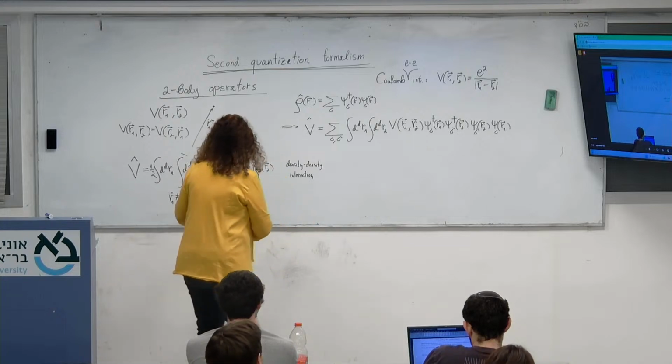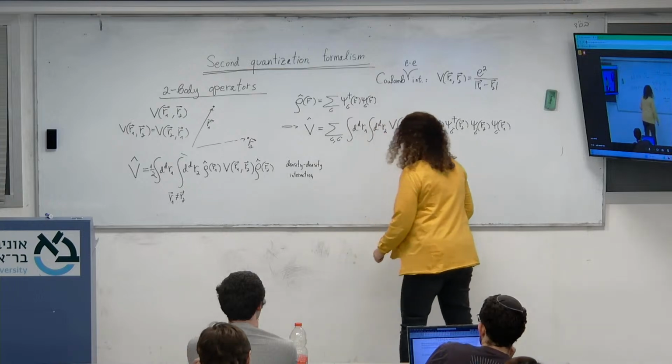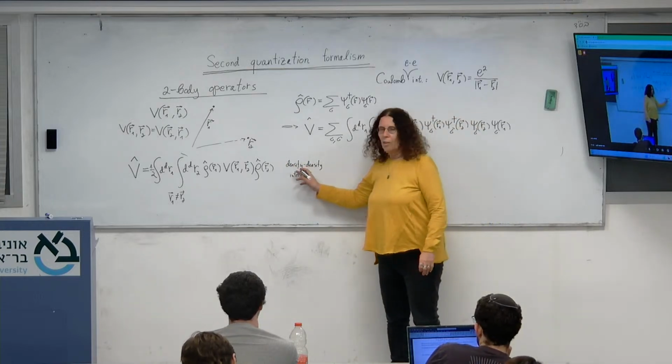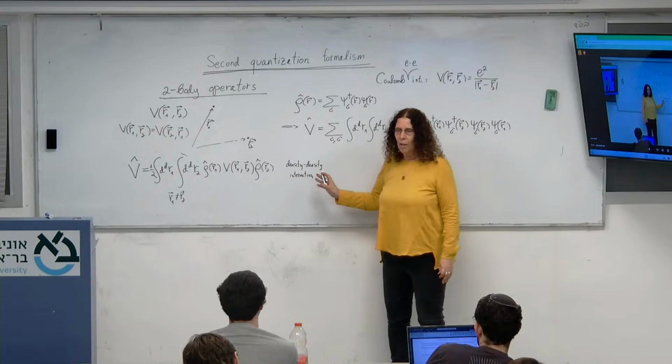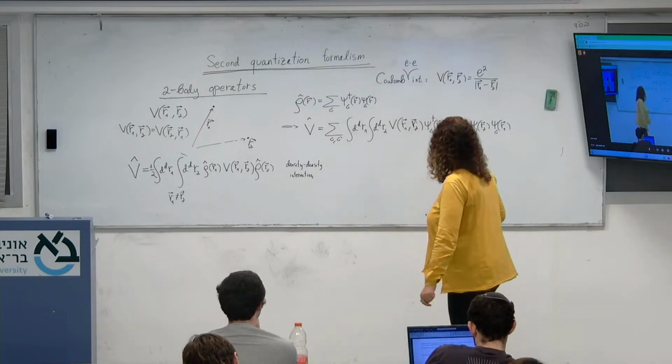So there's no direct equality between this and this, because I'm missing something, but that something is not going to be a two-body operator.